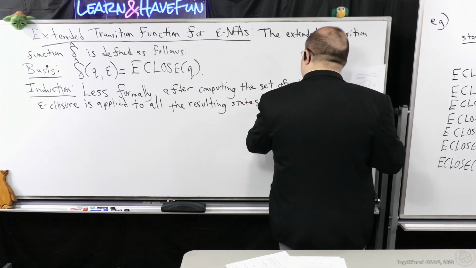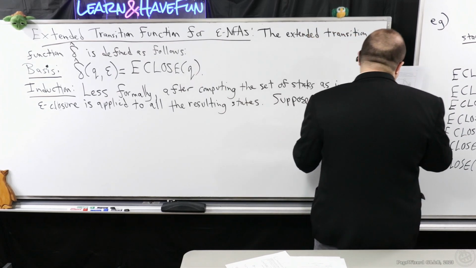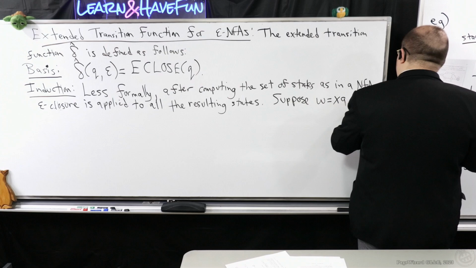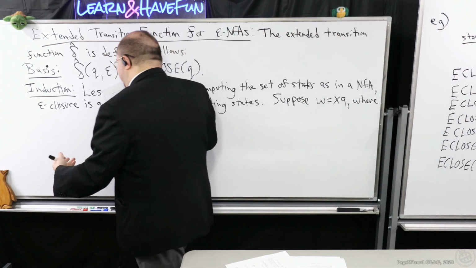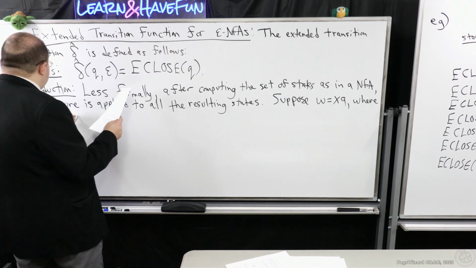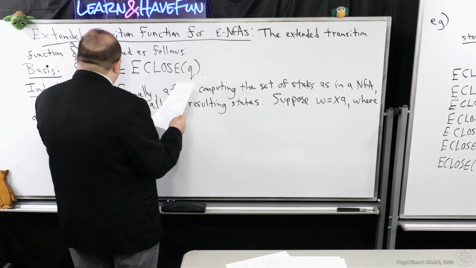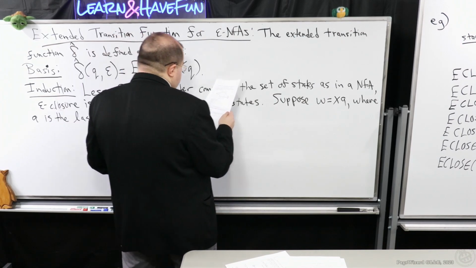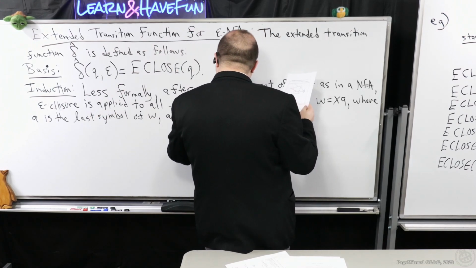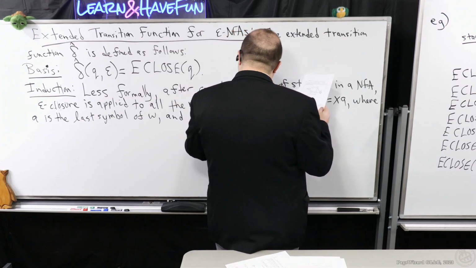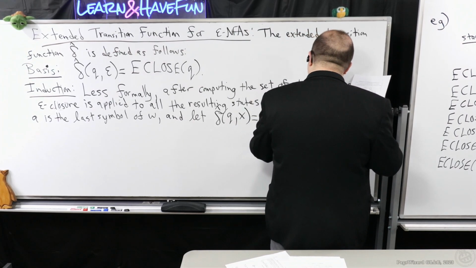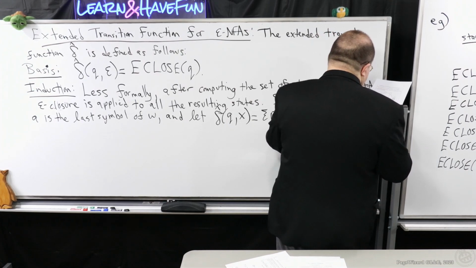Let me describe this more formally now. Suppose the string W is of the form W equals XA, where A is the last symbol of W, and X is everything but A. And akin to what we talked about with an NFA, we let delta hat, given a state Q to start off with, where I read off X, give me a set of states P1, P2, all the way up to PK.